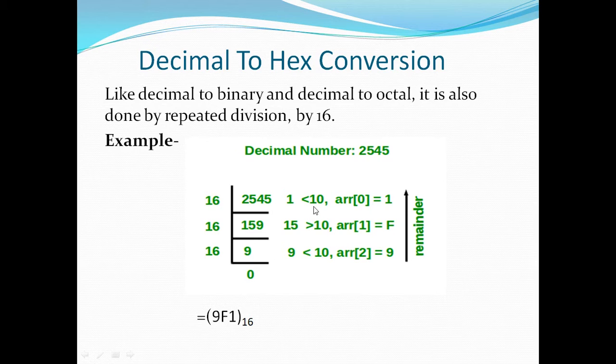So simply the rule is if the remainder is less than 10, then the number will only come. But if the remainder is greater than 10, then you will write the alphabetic equivalent of that number. So 15 can be represented by F. Now the final answer is 9F1.